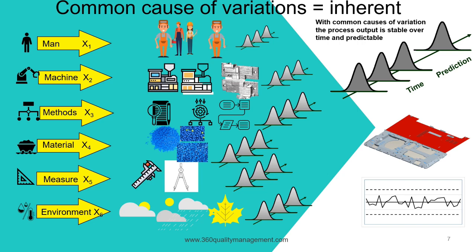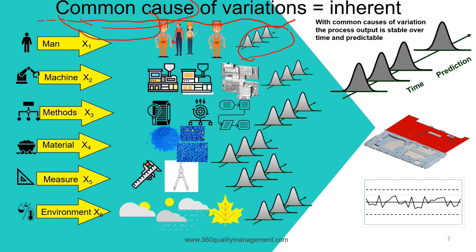Here, we shall look at the first type of variation, which is known as common cause variation or natural variation. This type of common cause variation is inherent to the process, and it is very small.